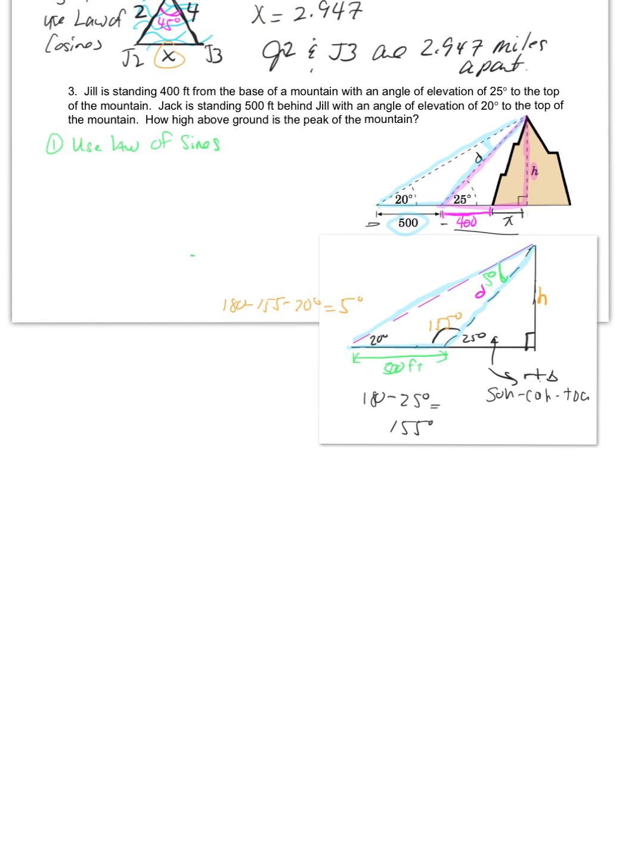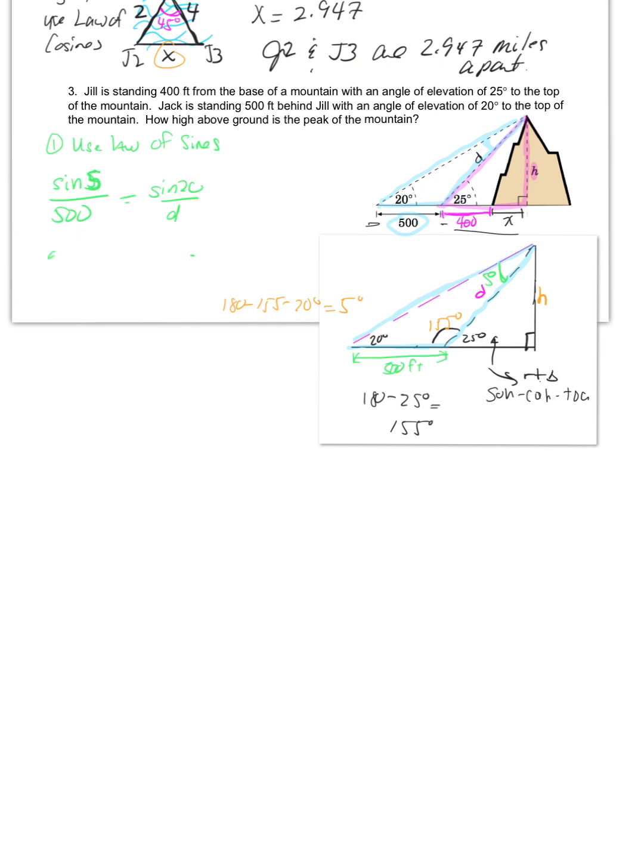Now I have two sides with corresponding angles, therefore I can use the law of sines. So we have the sine of 5 degrees over 500 equals sine of 20 degrees over d. That's what we're looking for, d.